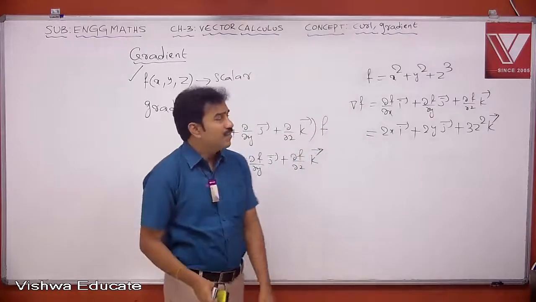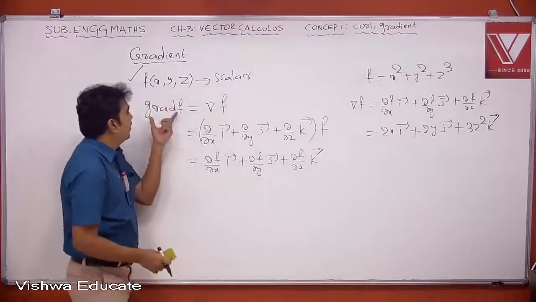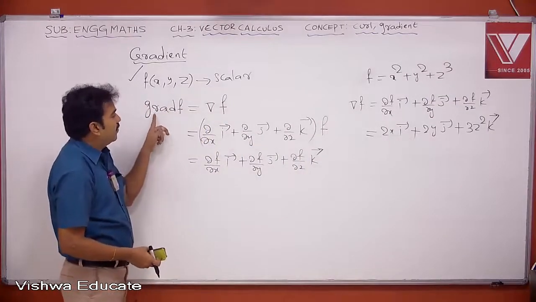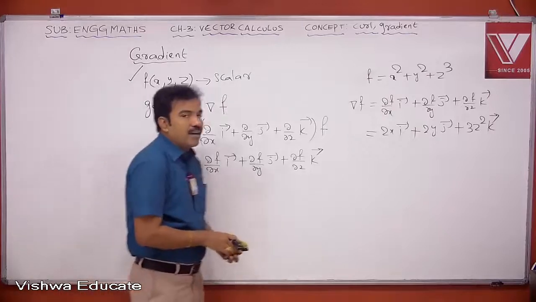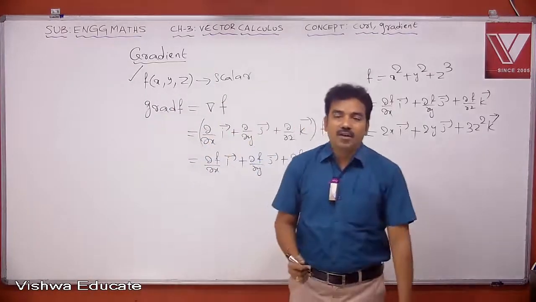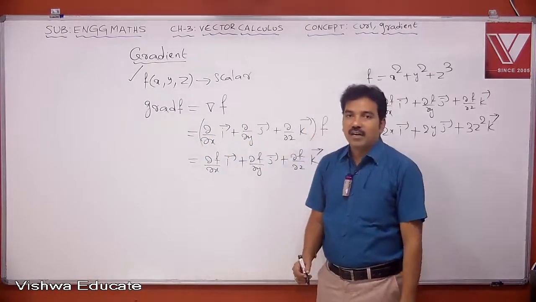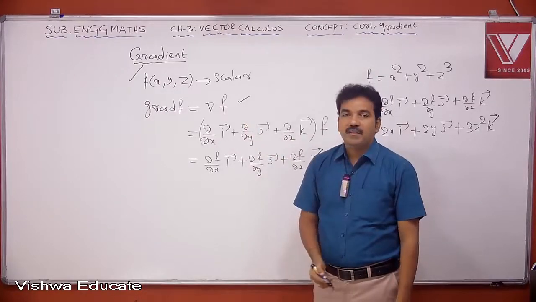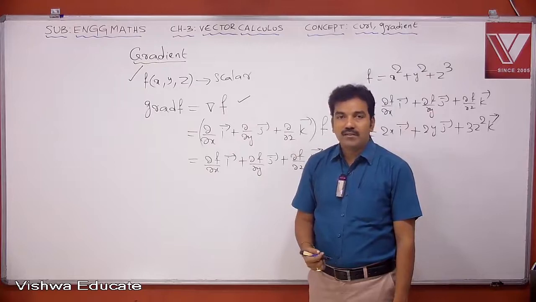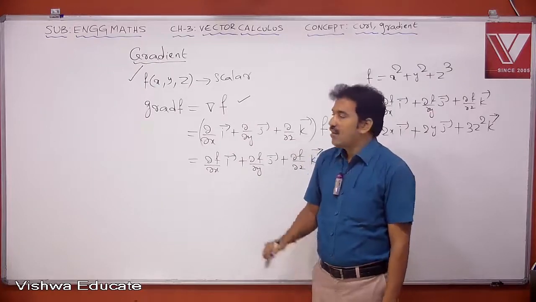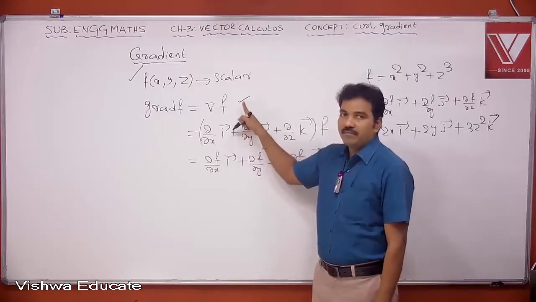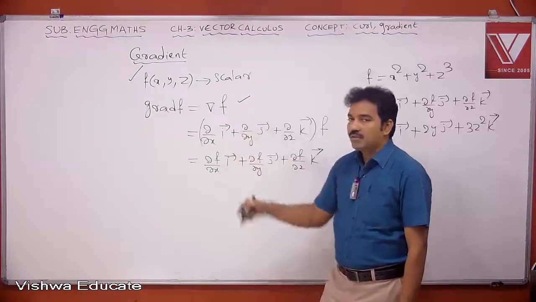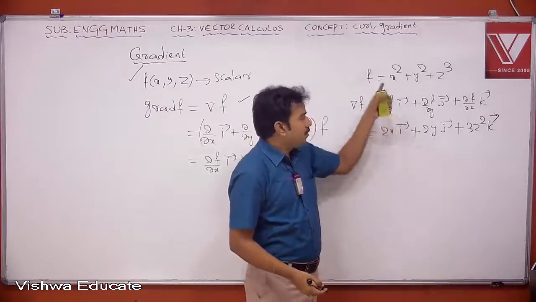So the gradient of f is denoted and defined as grad f equal to del f. Continue these two lines followed by this example.